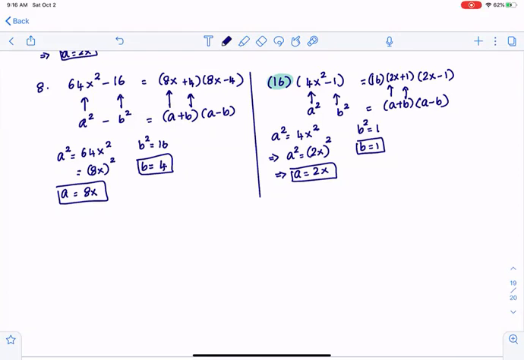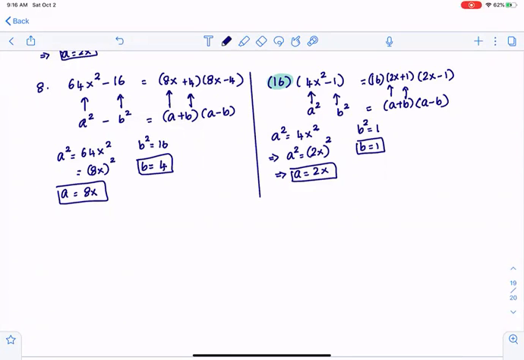If you ask any math person or people involved in mathematics, would they want it in the form 8x plus 4 times 8x minus 4, or would they want it as 16 times 2x plus 1 times 2x minus 1?